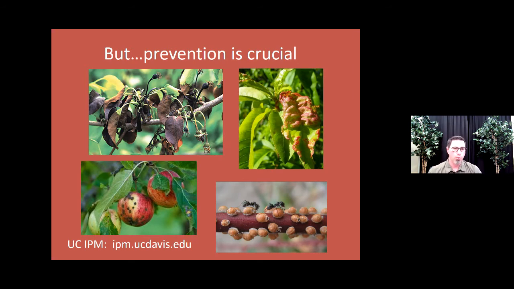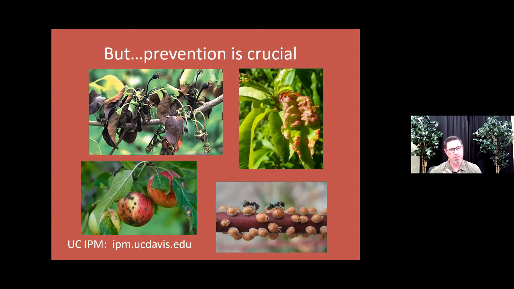The general rule of thumb is to use a horticultural oil and a copper-based pesticide, and you use both of them, right? So the horticultural oil is smothering overwintering insects, and the copper is helping with things like peach leaf curl and scab and these bacterial and fungal diseases.